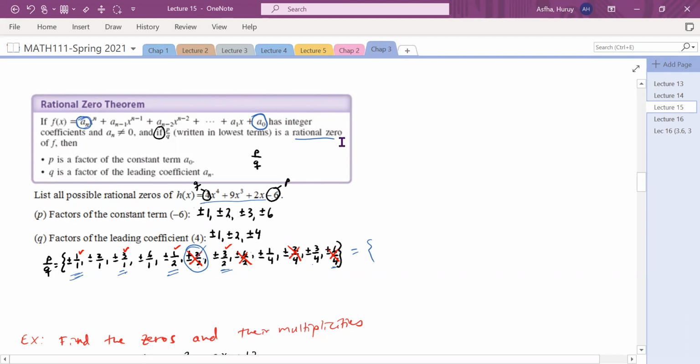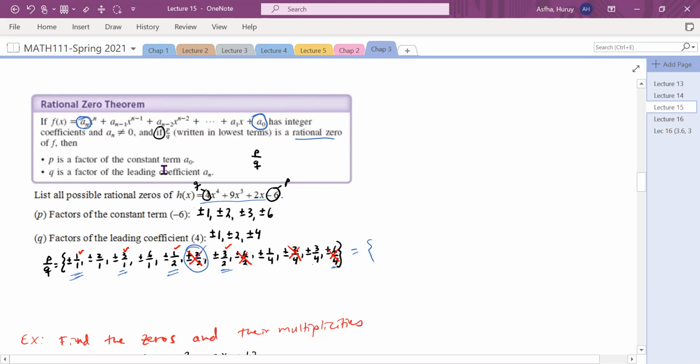So in our last lecture, we learned a couple of important theorems, one of which is the rational zero theorem. As you may remember, the rational zero theorem helps us to list the possible rational zeros.